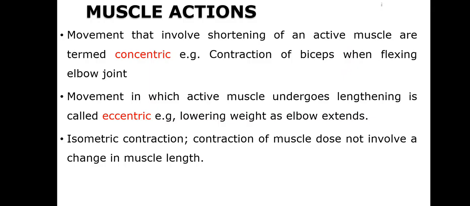In that kind of action, as you are flexing your elbow or your hand, you are making the bicep muscle contract, or reduce in terms of its length. That kind of action, we call the concentric action of this muscle. Then there is also muscle movement in which active muscles undergo lengthening, which is called eccentric.